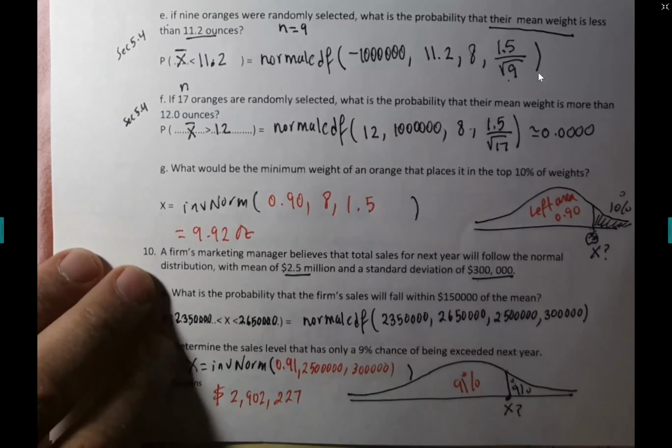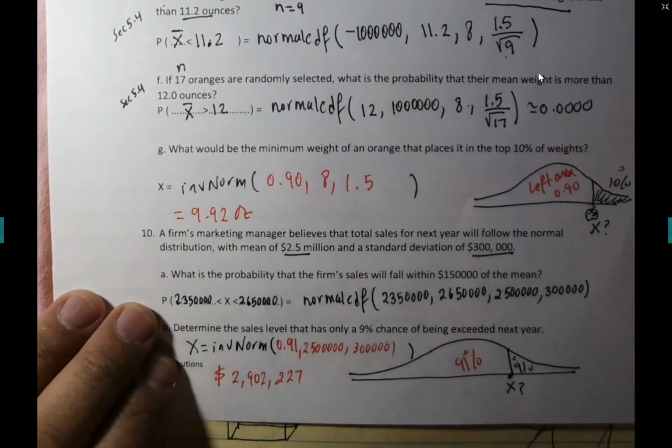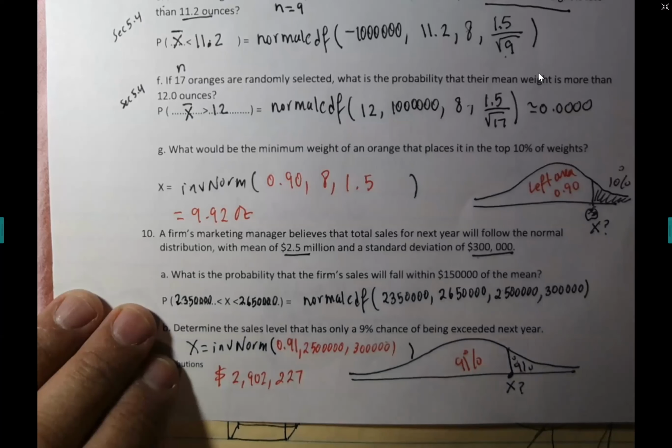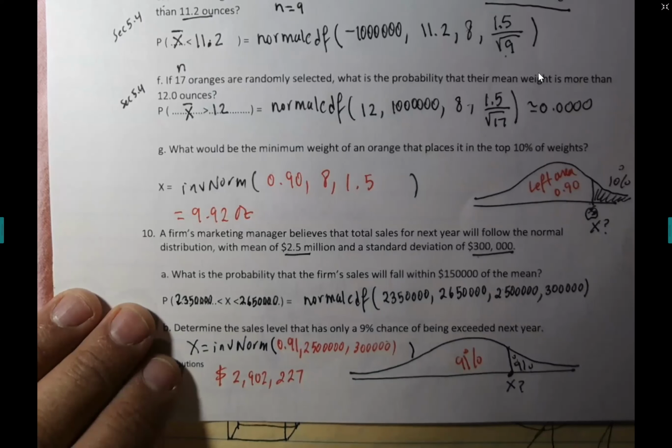Mr. Gazi, yes, can you please go back to number 10? How did you get the 350,000? It says, what's the probability that the firm's sales will fall within $150,000 of the mean? For example, if you have an appointment with me at 2 p.m., and I said it's okay to come to my office within 10 minutes of the appointment, what I mean by that is you can come 10 minutes early or you can come up to 10 minutes late.